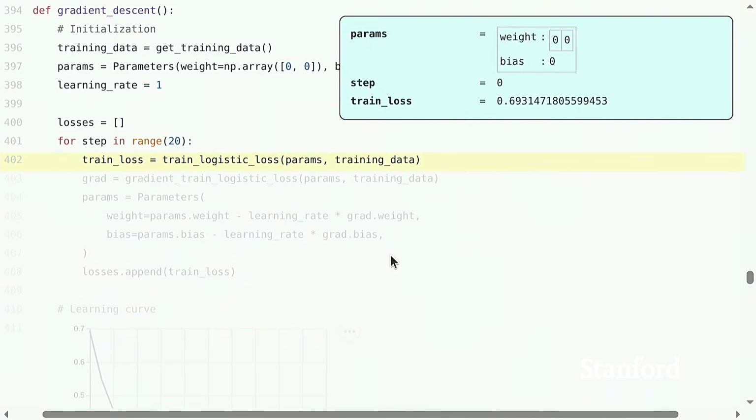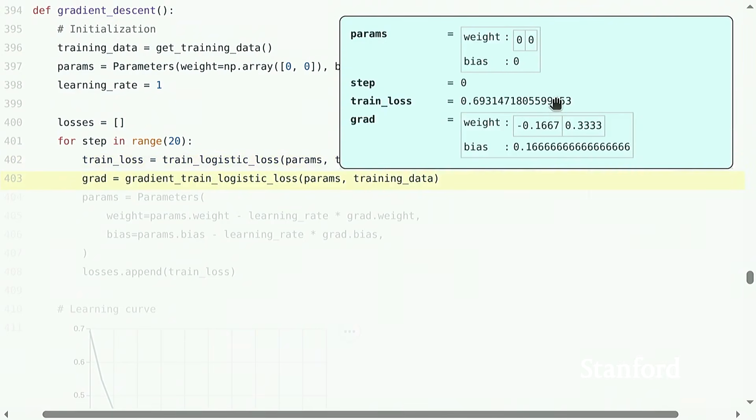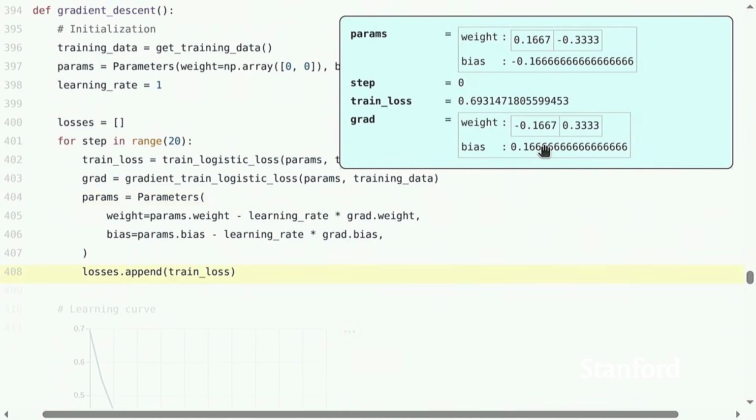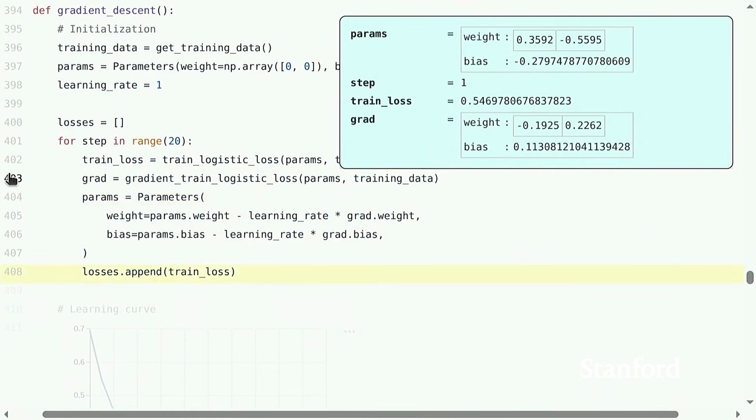Each step, you compute the loss, you take the gradient, and then you update the parameters in the direction of the gradient. And then you do this over and over again. Let's see. So you can see that the loss goes down.